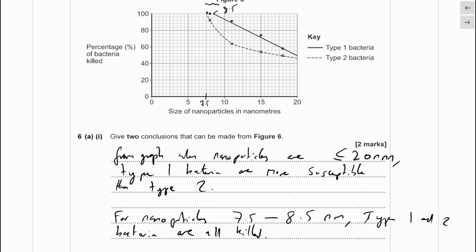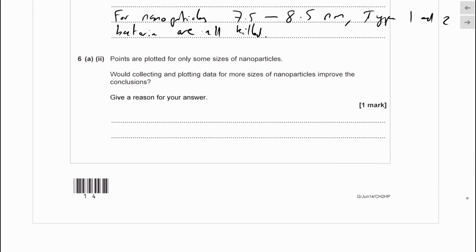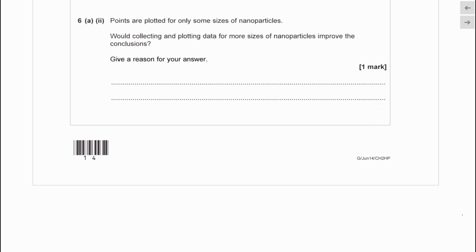Now I can't say that lower than 7.5 they're all going to be killed as well. To the left, I can't say that they're all going to be killed because we don't have any data for that. For some reason, maybe the really small nanoparticles aren't very effective and we don't have data to prove or disprove that. Alright, so let's move on to part 2.